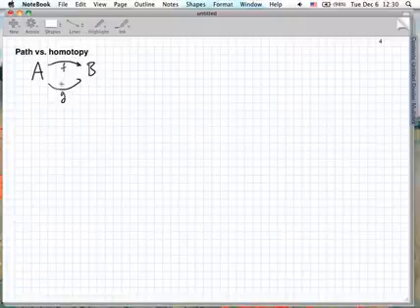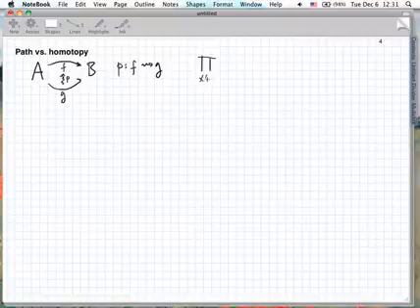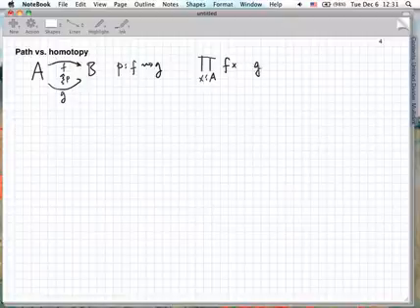So I can say that there is a path between them. So p would be something that is a path from f to g. Or I can say for every x in A, there is a path from f of x to g of x. And I'll call this one h.